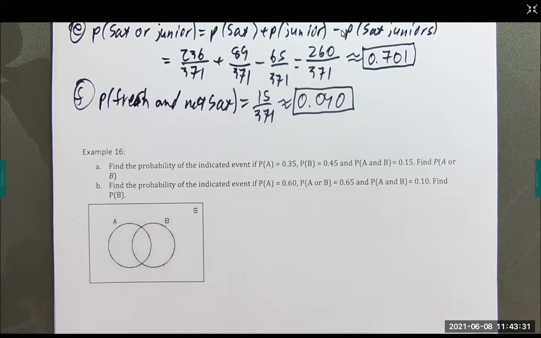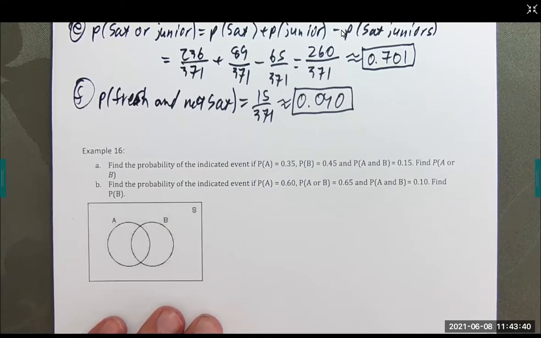Number 16, find the probability of the indicated event, if P of A is 0.35, P of B is 0.45, P of A and B is 0.15.